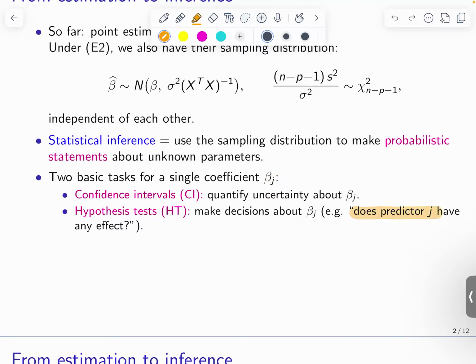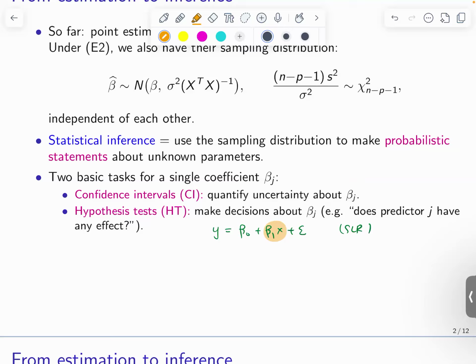For example, answer questions of this form: does predictor j have any effect on the response? If you recall, let's say you have a very simple linear regression, the equation is like this at the population level. If I want to know if the covariate x has any influence on y, I can test whether beta 1 is 0 or not.